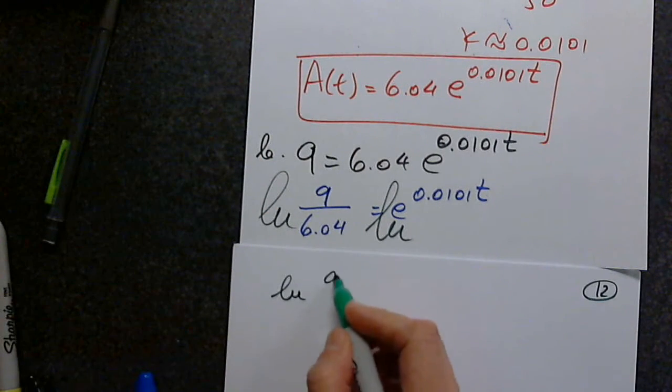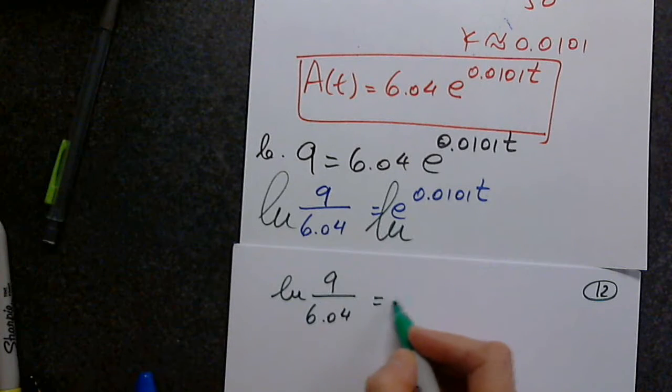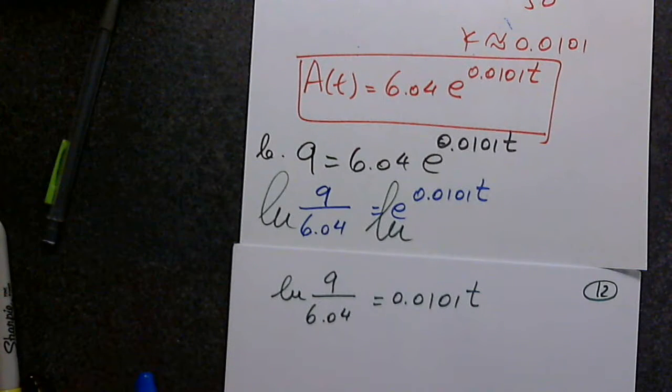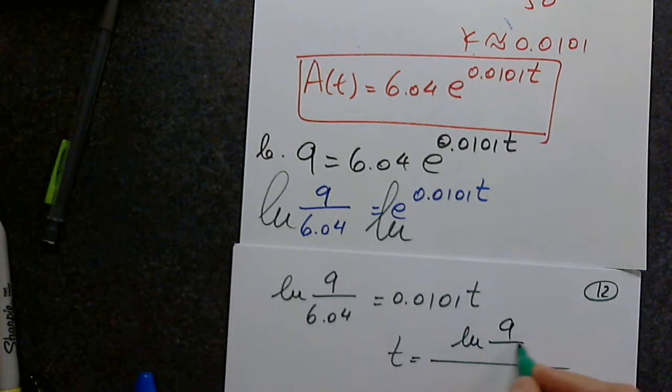So then natural log of 9 over 6.04 equals 0.0101t. I should write times natural log e. Why am I not writing it? Exactly, awesome. So then t equals natural log of 9 over 6.04 over 0.0101.